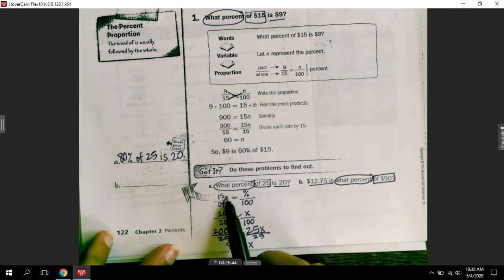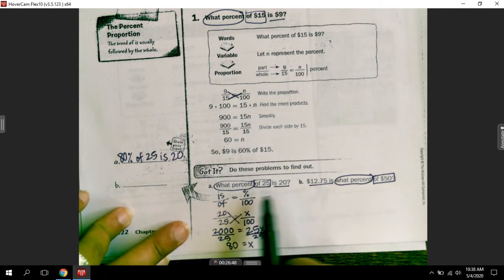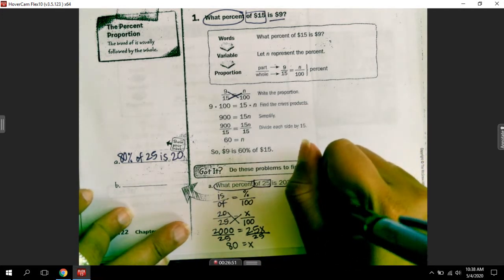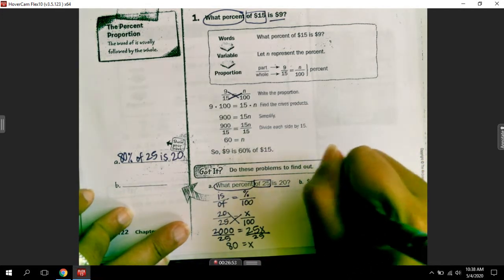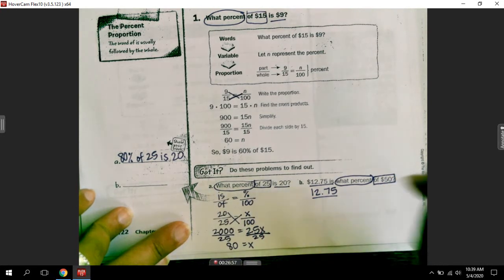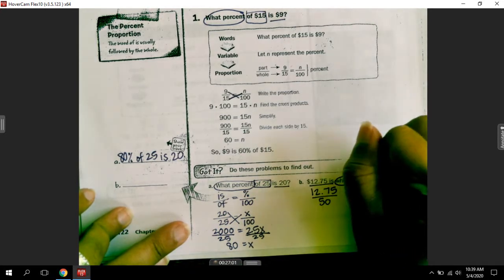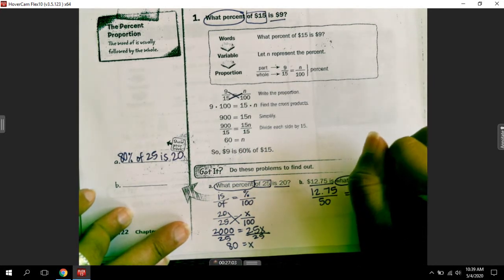So again, we've got our is over of equals percent over 100. So what number goes with is? 12.75. So we've got 12.75 over of, and of is 50. And then what percent is a variable. 100 always stays the same.